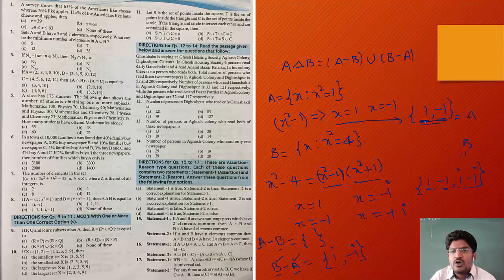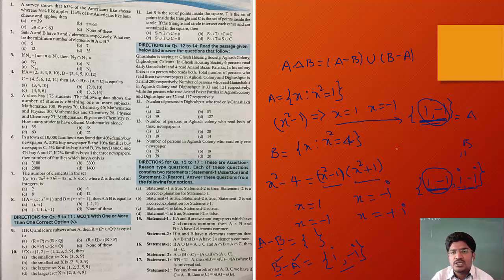That means this 1 comma minus 1 is going to be deleted from this B, because B minus A tells the elements should be in B but not in A. So, which kind of elements are going to be deleted? 1 comma minus 1 are going to be deleted and the remaining things are going to be written here, that is B minus A.